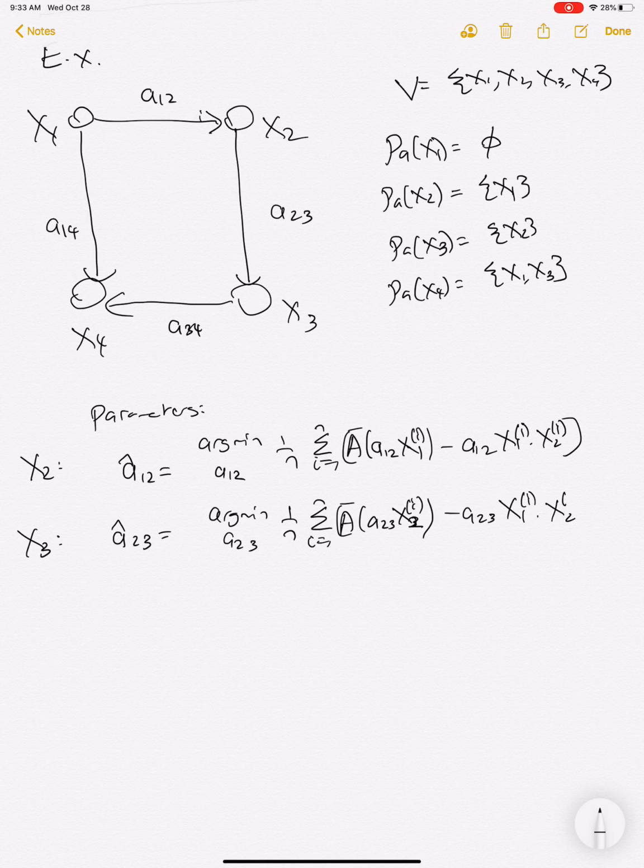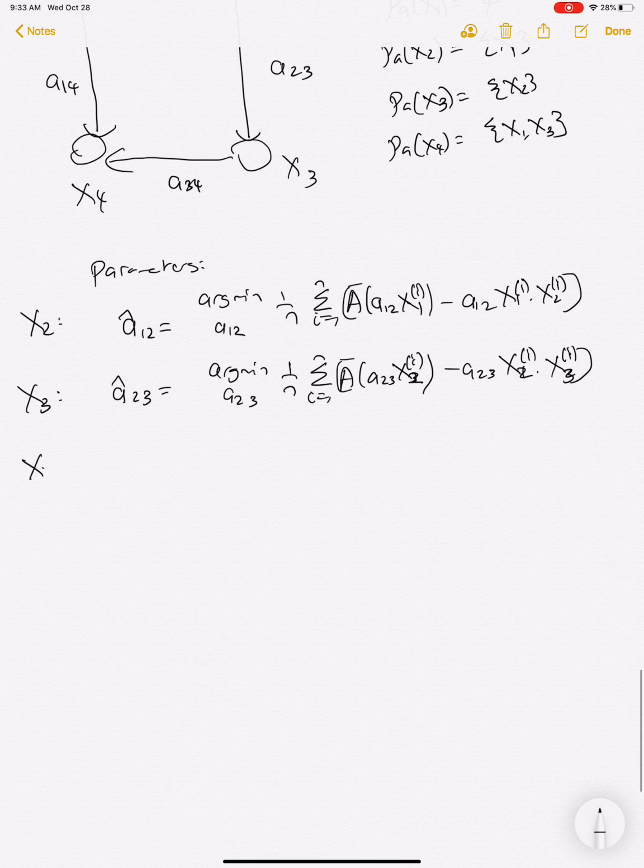x1i x2i x3i. Okay, and then for x4 we have two parents, so we're going to simultaneously solve for A hat 14 and A hat 34.